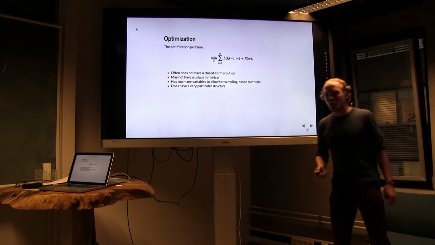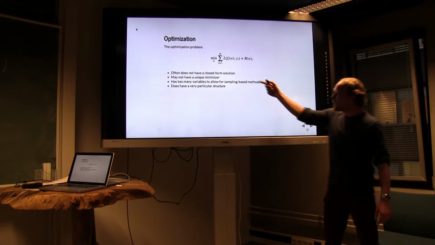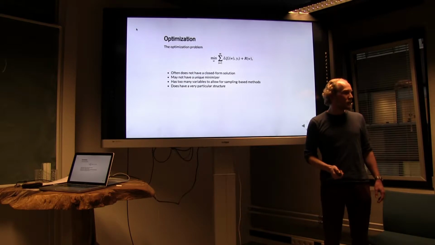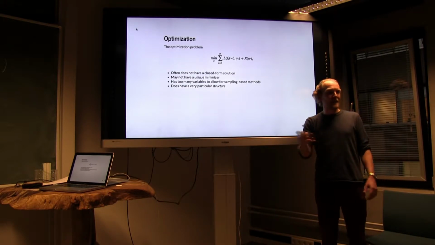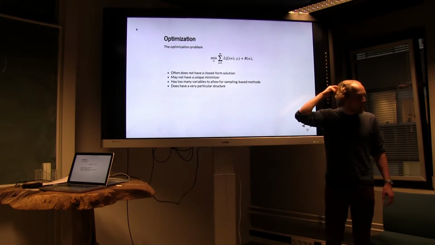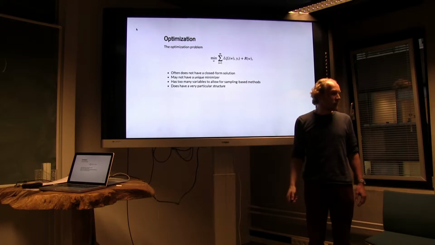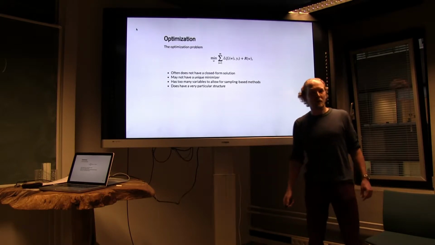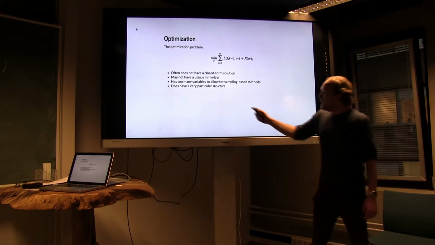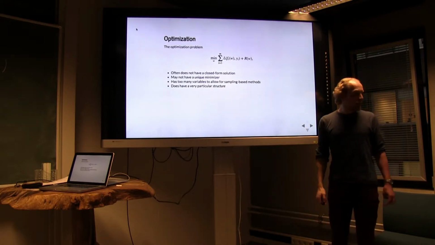But unfortunately, or maybe fortunately for researchers like me, often the problem does not have a closed form solution, so we can't just write it down and compute it. It may not have a unique minimizer at all. There may be multiple W's that minimize this thing, and then we don't know which one to pick. It may also have too many variables for sampling-based methods.